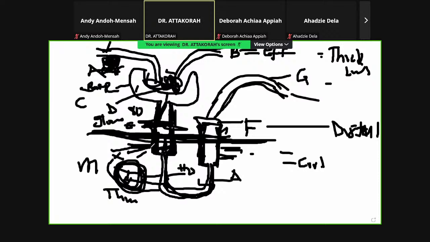So the concentration over here will become higher than the concentration within the loop, such that water will move from here to the medulla.